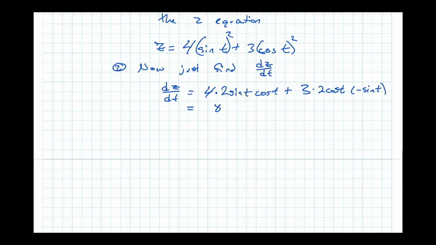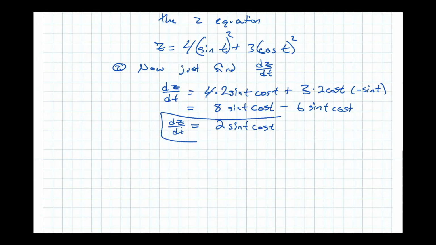And you end up with 8 sine t cosine t minus 6 sine t cosine t, which is 2 sine t cosine t. So you end up with the same answer, of course, no matter which way you solve it.